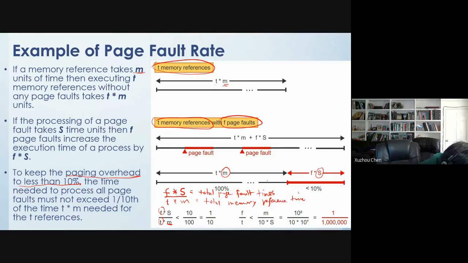Now we hope the total page fault time is only 10% of the total memory access time. So we try to make sure F times S divided by T times M is less than 10%.